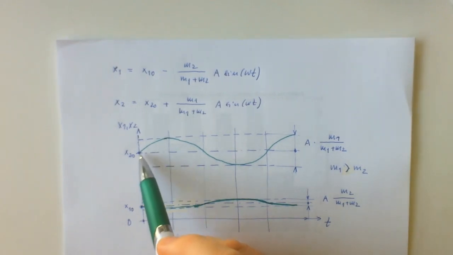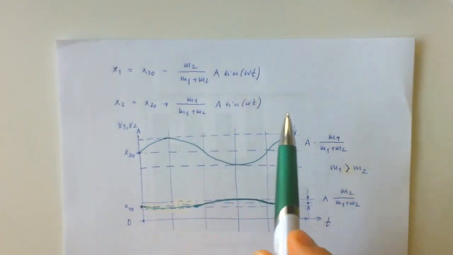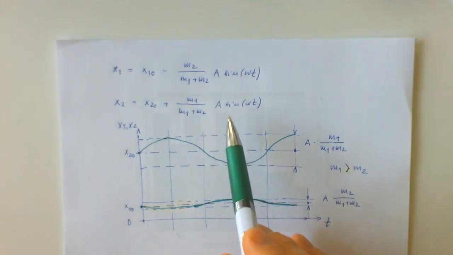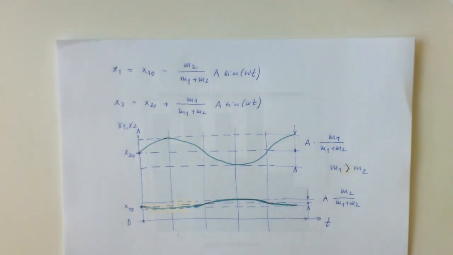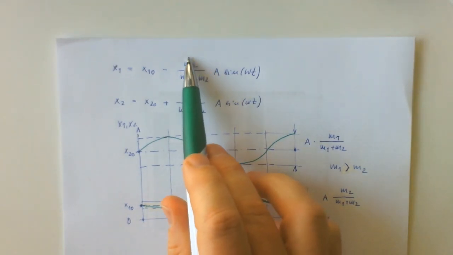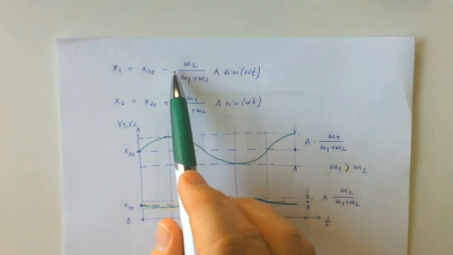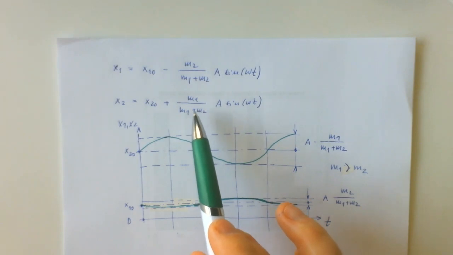And if we observe the motion of the blocks, for example if m1 is greater than m2, the big block makes motion with smaller amplitude, because if m2 is small, this fraction is small too, and if m1 is big, this fraction is big too.